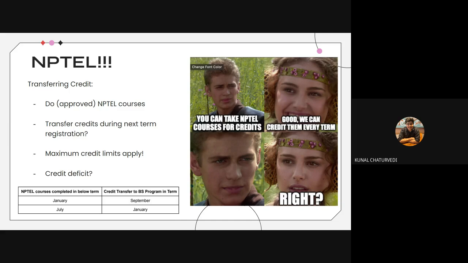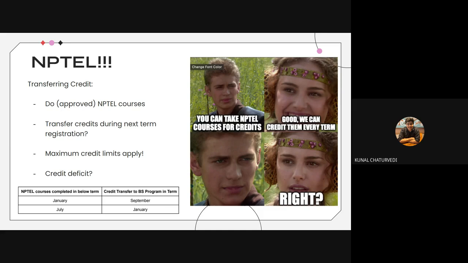There is a whole list and a whole guide, sort of an email, which is sent out by IIT-M just before NPTEL course registration starts. So there is an HSMG course list, which are basically arts and humanities and management courses which you can do from NPTEL.